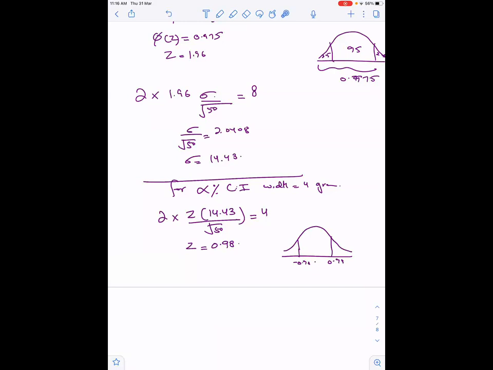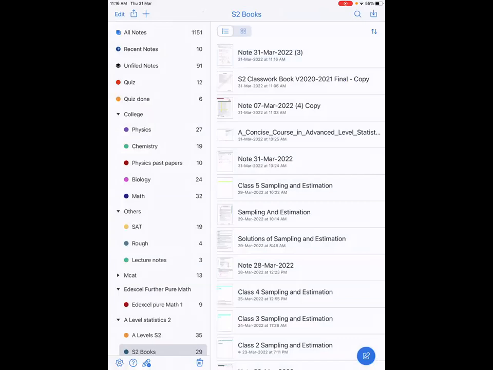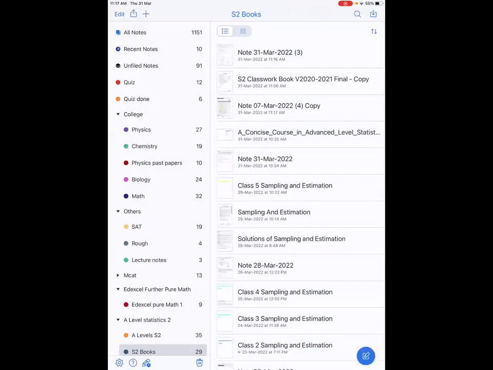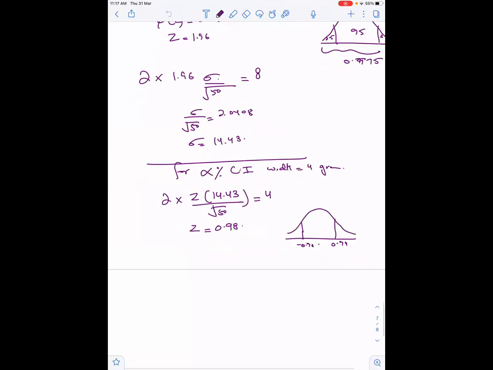If I find out the value of phi of 0.98 from the table, it's 0.8365. 0.8365 is this whole area. 1 minus 0.8365 gives me this area, which is 0.1635.